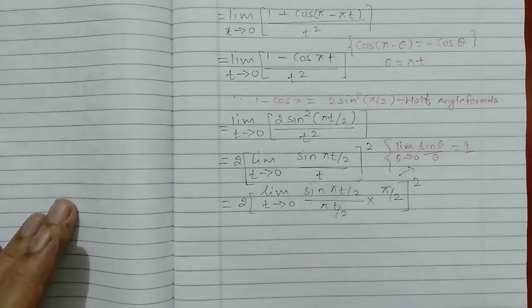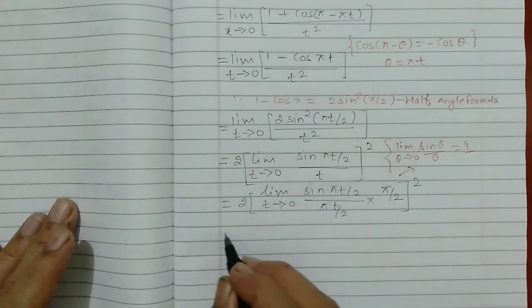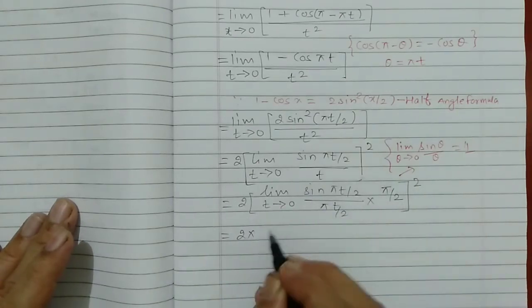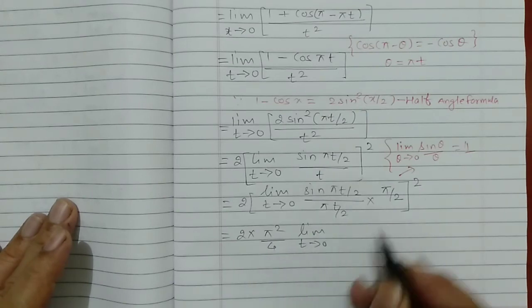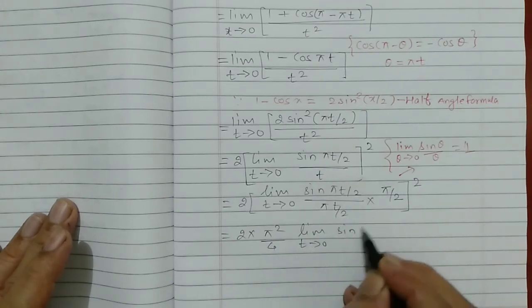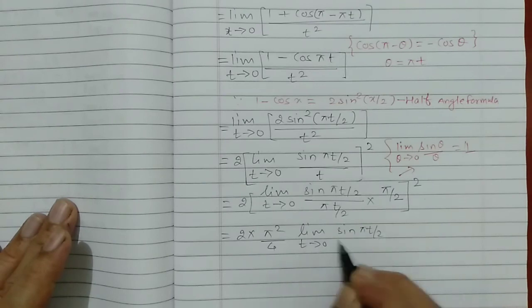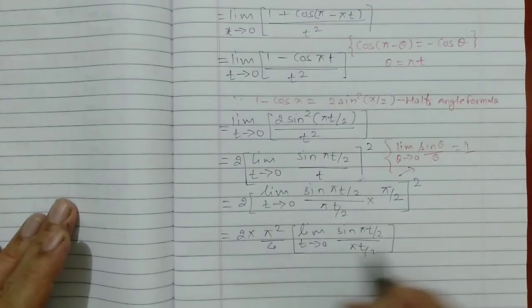So we are using this concept. So this is 2 into pi square divided by 4 into limit t tends to 0 sin pi t by 2 divided by pi t by 2, the whole square.